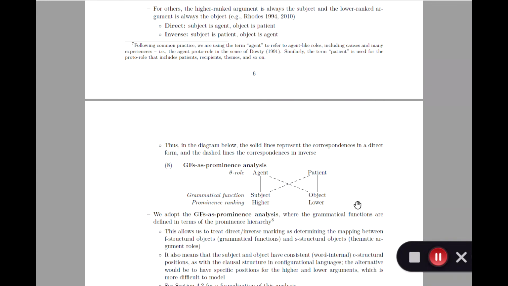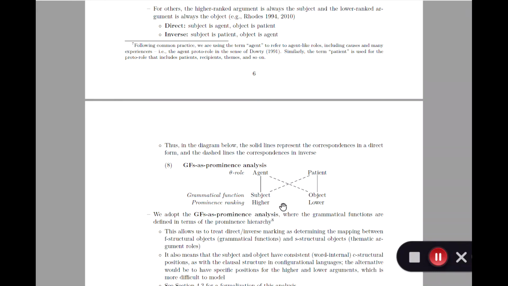Basically this means that what direct and inverse marking show is the mapping between the grammatical function and the theta role. So as a mapping, it's part of the mapping from the F structure to the S structure.